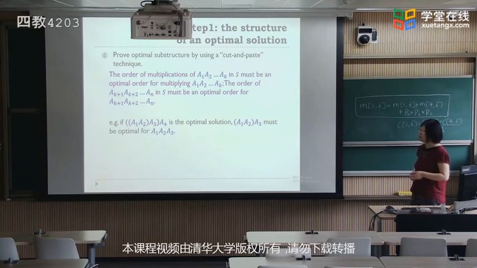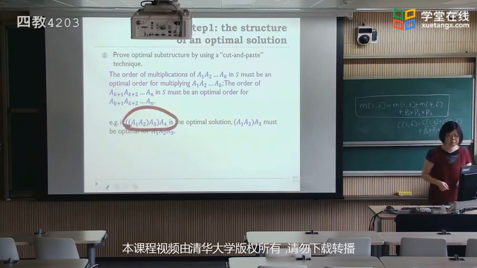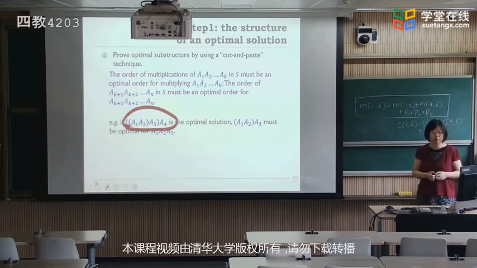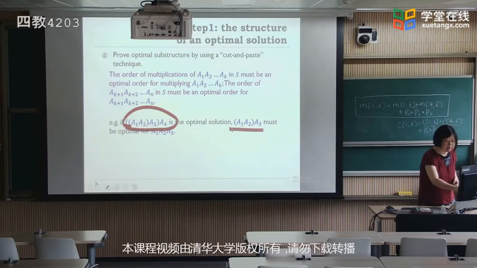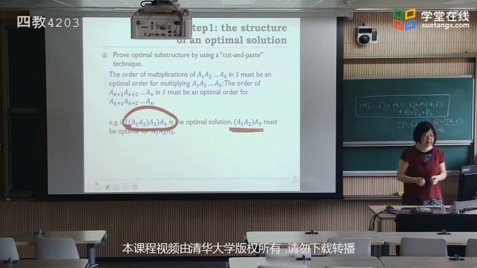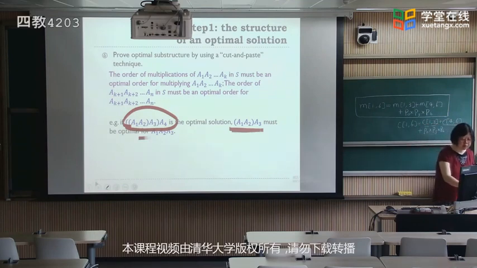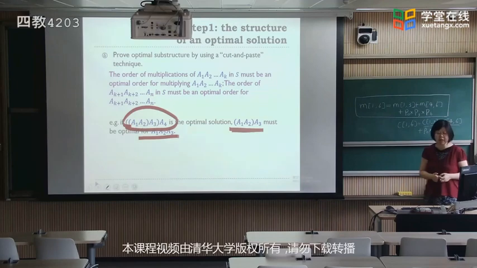Okay? So for example, here is the optimal solution for multiplying 4 matrices, and within the optimal solution, the order for the first 3 matrices is A1, A2 first, and then A3. This order must be optimal for multiplying A1, A2, and A3.